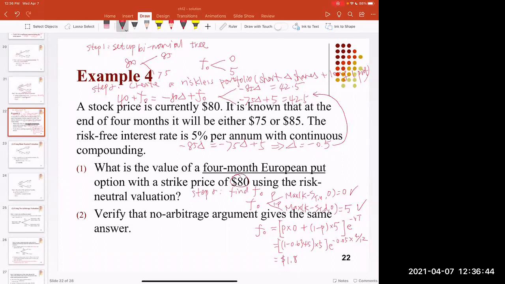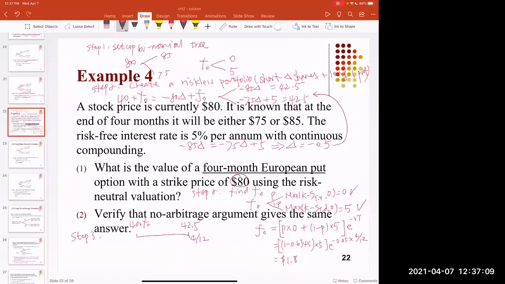We're done with step 2, and we're going to do step 3. Step 3, we set up the equation based on the payoff we found, 42.5, and the time period is 4 months. The portfolio value today is 40 plus F0.